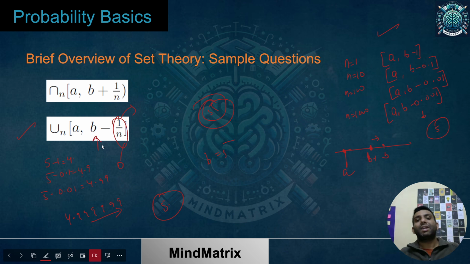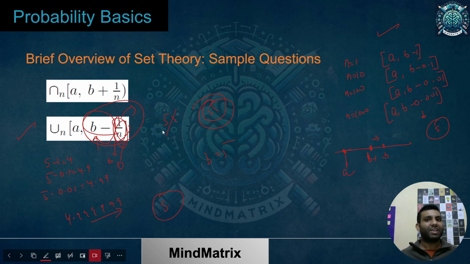But any number less than b will always be part of what? My set. I can never say that for some value of n, I will get this as b. This will be returning me b only if this is coming out to be 0, and this will never be happening. So that means I will never be able to reach 5.